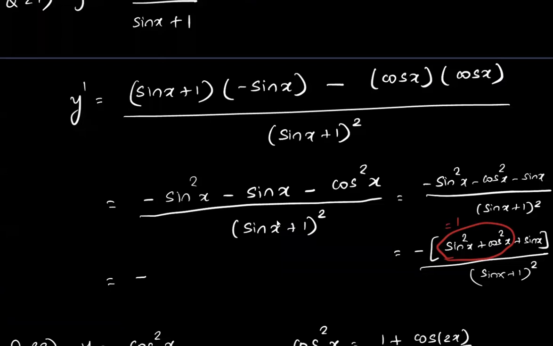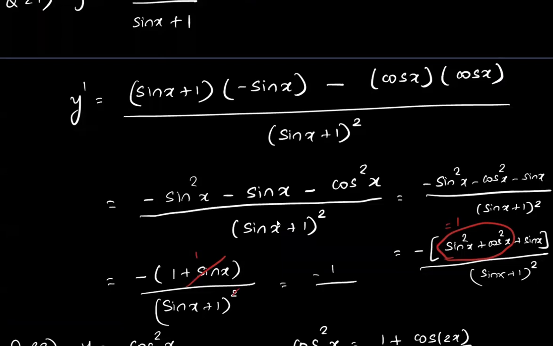So what I have here becomes negative of 1 plus sine x over sine x plus 1 the whole squared. Now sine x plus 1 and 1 plus sine x are one and the same, so I can reduce that, right? So my final answer will be negative 1 over sine x plus 1 or 1 plus sine x, however you want to write it. Okay, so that is your final answer.